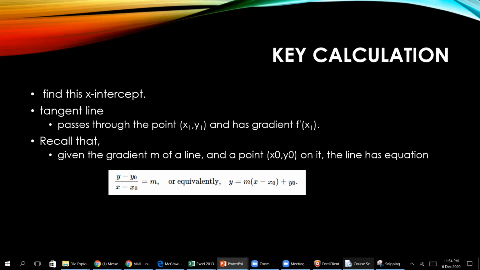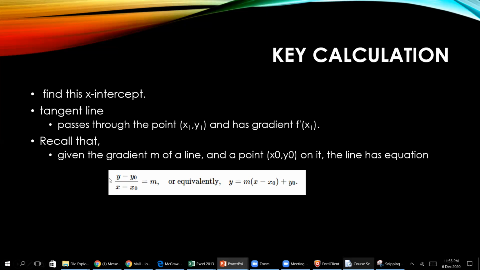Recall that given the gradient m of a line and a point (x sub 0, y sub 0) on it, the line has equation (y minus y sub 0) over (x minus x sub 0) equal to m, or equivalently, y is equal to m times (x minus x sub 0) plus y sub 0.